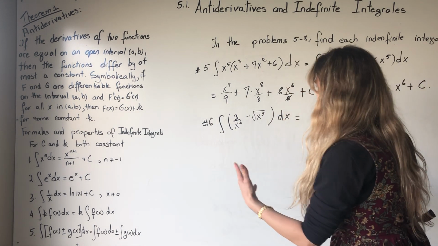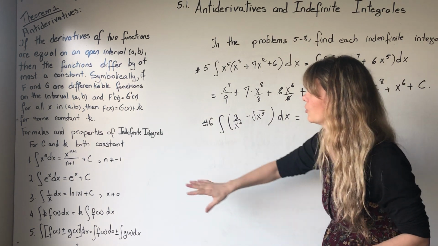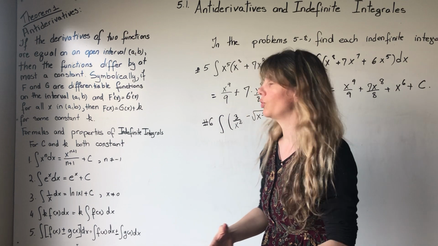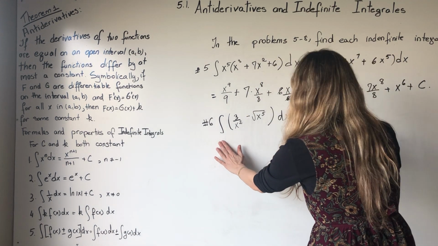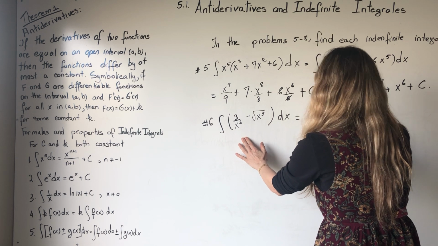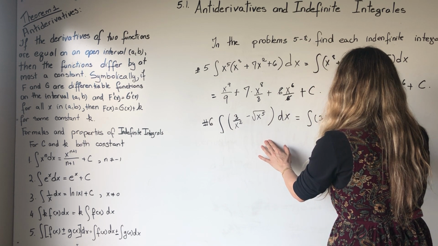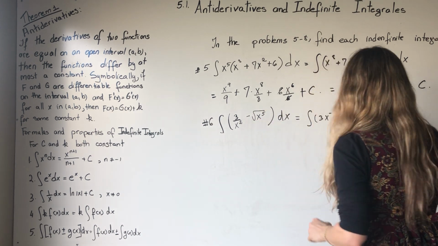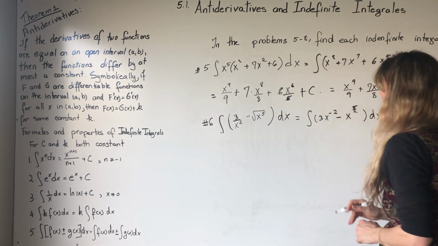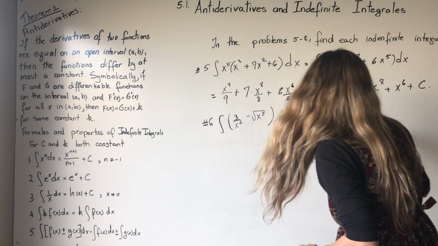So let's write this one in a form that is more advantageous for us and easier to look at these formulas and properties and then to find the result. So let's start here. We have the integral of 3x to the negative 2 minus x to the power of 5 over 2, right? Because it's squared. And this is dx. So what is this equal to?